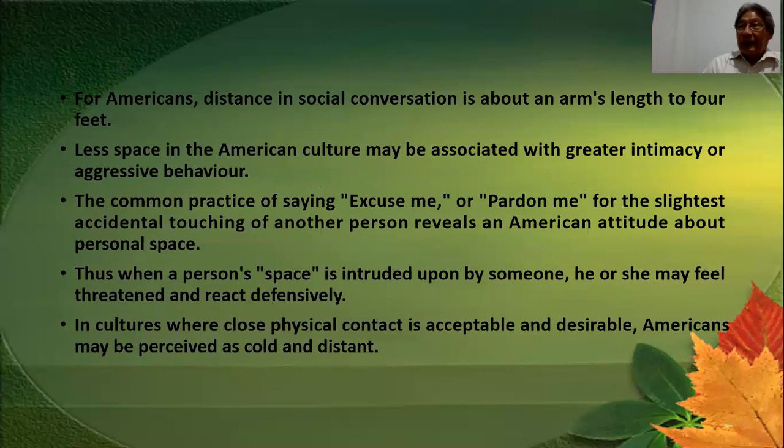If it is a very close distance, sometimes it is intimacy, friendship, which is good, but sometimes it is used by aggressive people, because aggressive people sometimes talk to you without distance for their purpose, maybe a negative purpose.